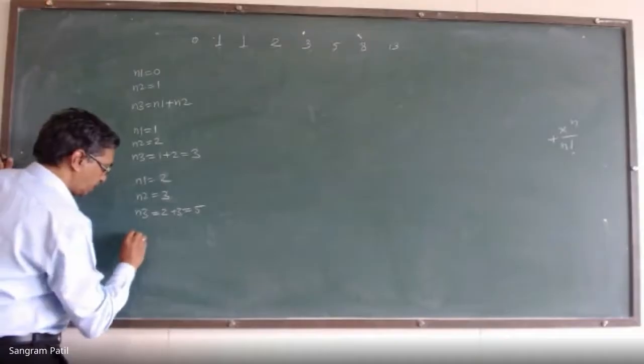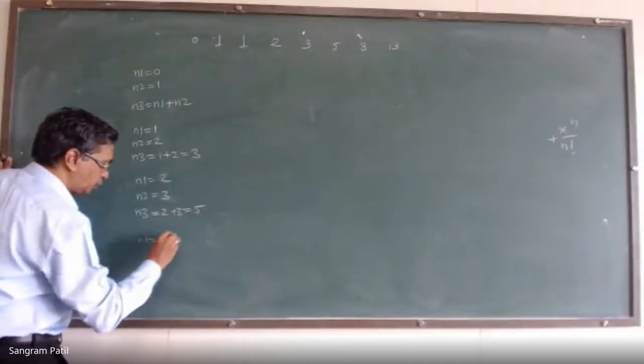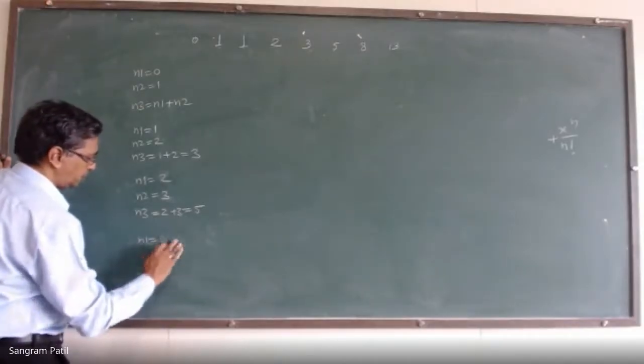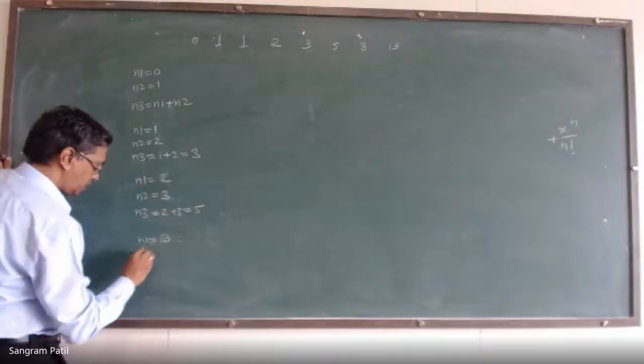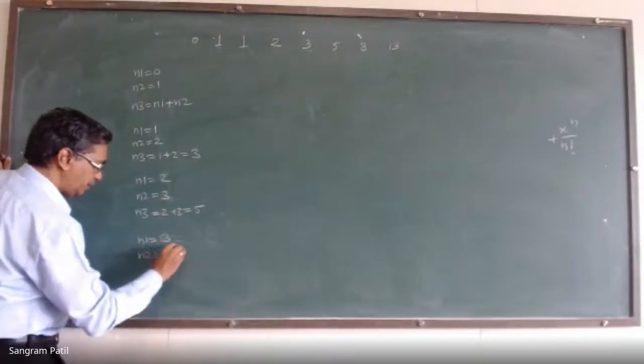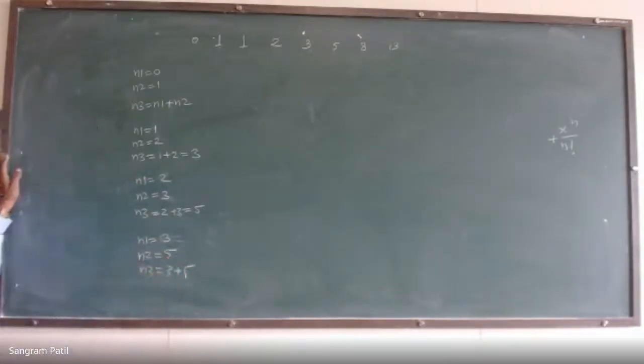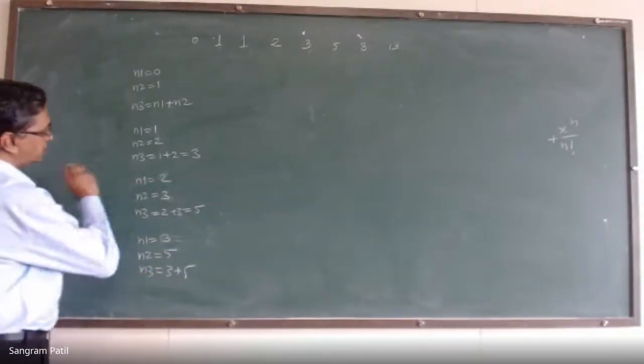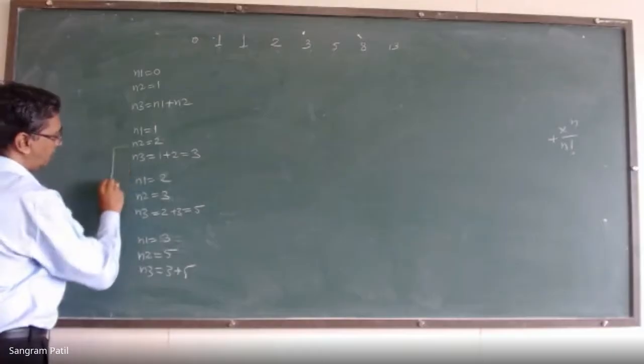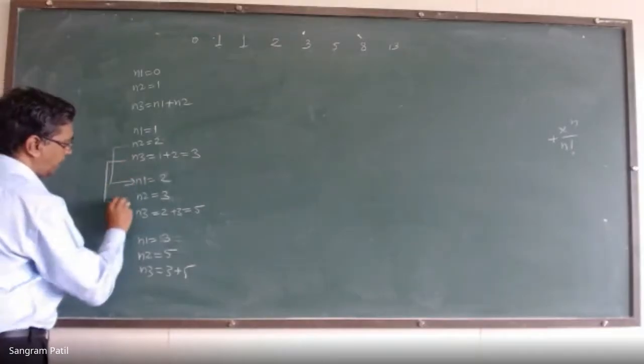Next time, your n1 becomes n2, that is 3, n2 is 5, and then n3 is 3 plus 5. So check this. This number comes here, and this number comes here.